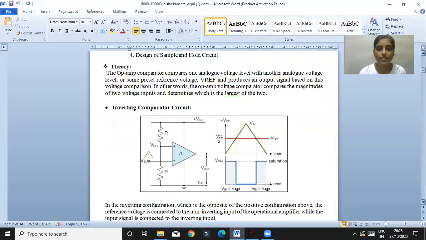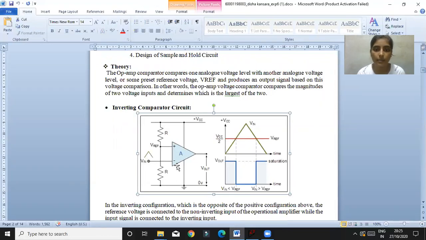This is the first circuit, the inverting comparator, which compares one analog voltage level with another analog voltage level.